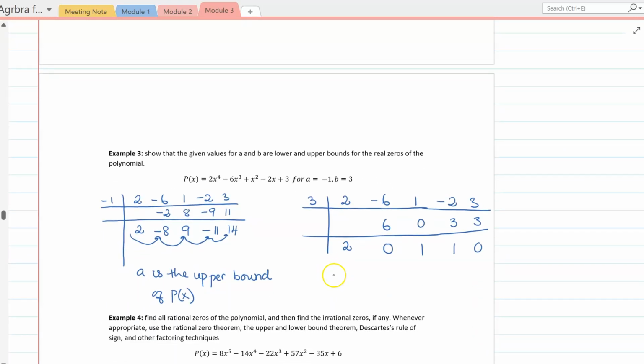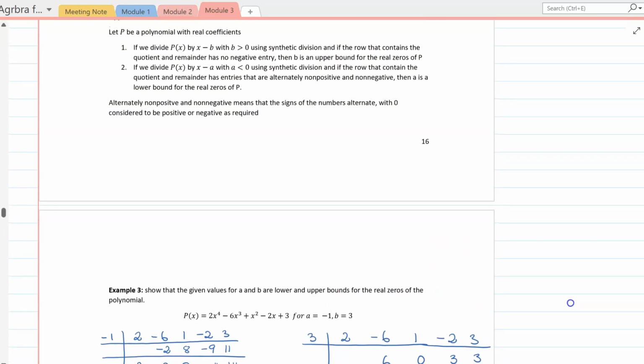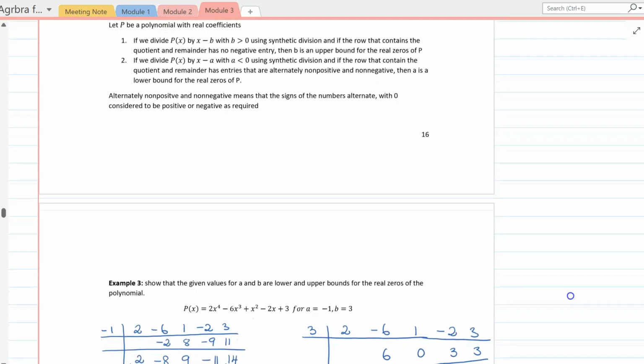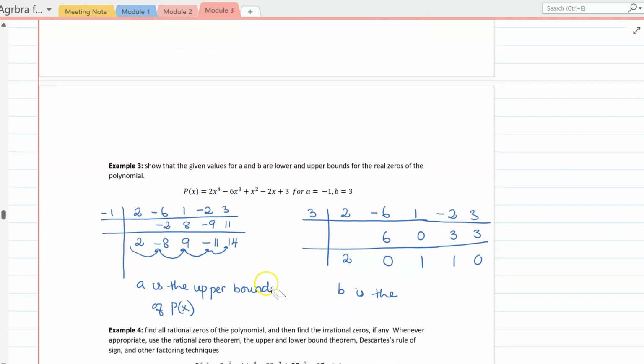This means b is the upper bound. I switched your upper bound and lower bound. So a is the lower bound and b is the upper bound.